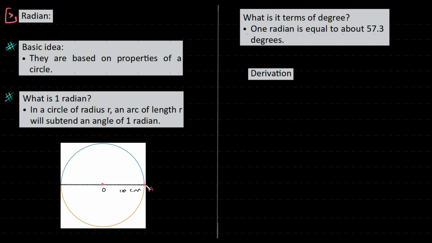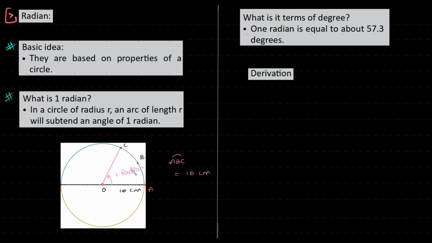If I happen to measure an arc length, that is, if something walks along this length, and this length turns out to be 10 centimeter as well, and I measure this angle, it is nothing but 1 radian.